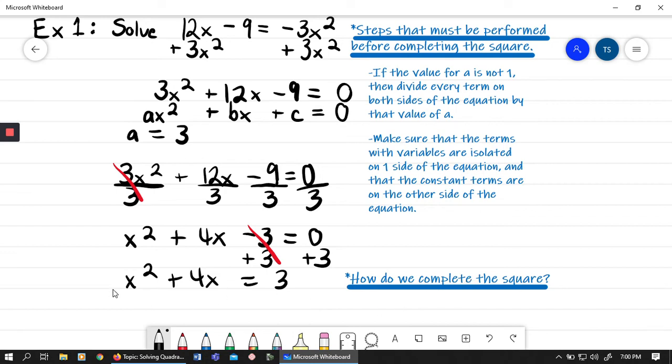With this new equation, where the a value is 1, if you have not already identified this new b value, divide it by 2, and then take that quantity and square it. Calculate b divided by 2 squared.